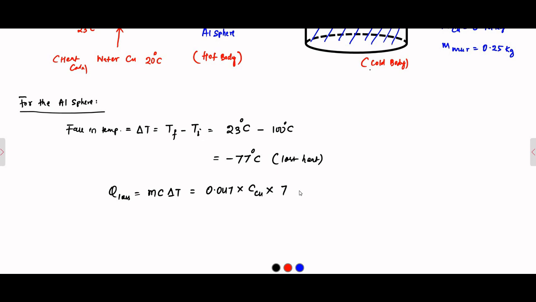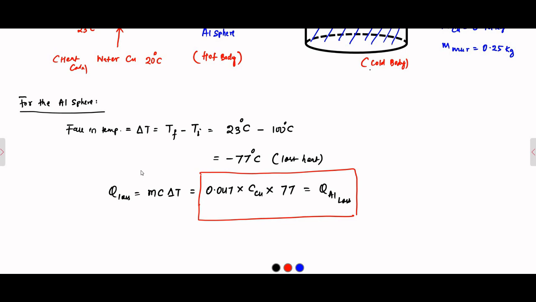Here we will use 77 degrees Celsius, only the magnitude. So this is the loss of heat by the aluminium sphere. This is very important.